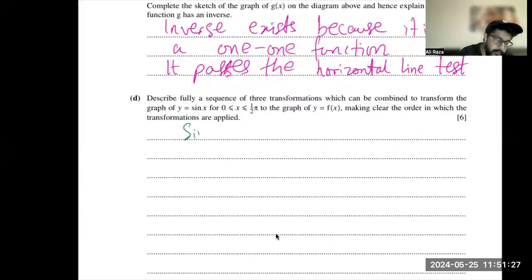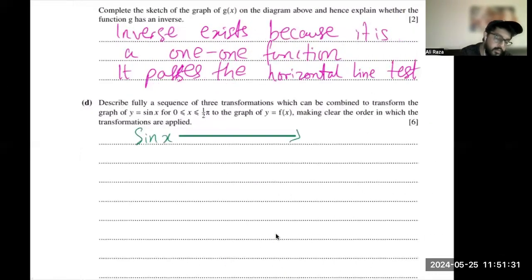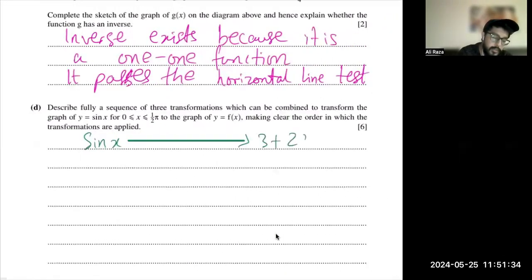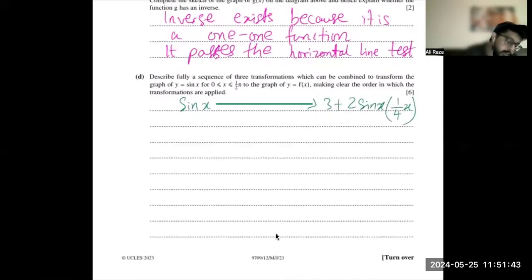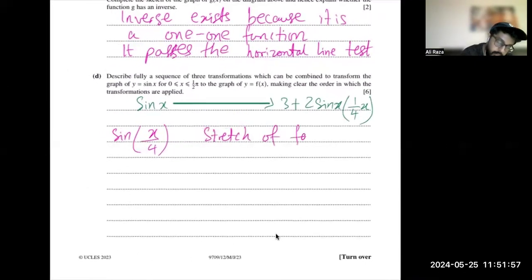So we are starting from sine x, and we need to transform this into 3 plus 2 sine of the angle 1 over 4 x. So the first change would be in the x-axis, a stretch of scale factor 4 in the x direction.